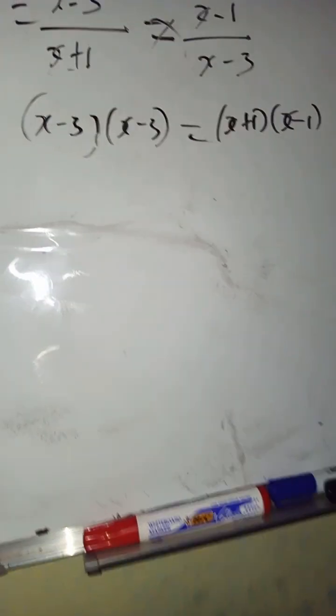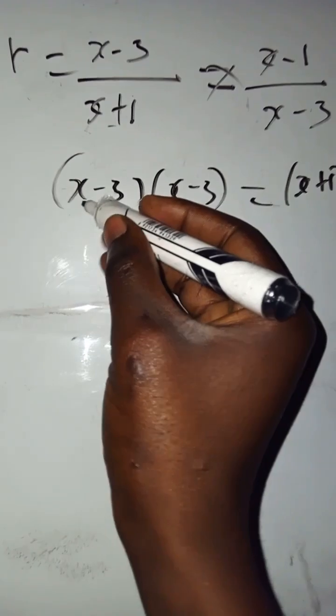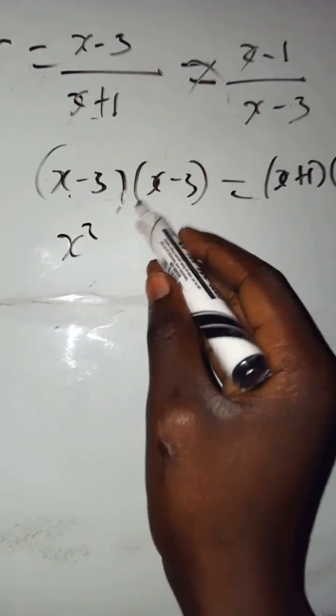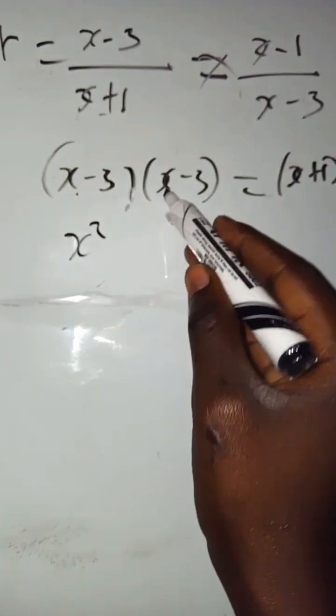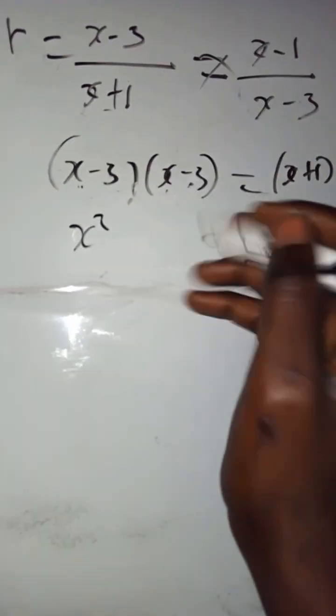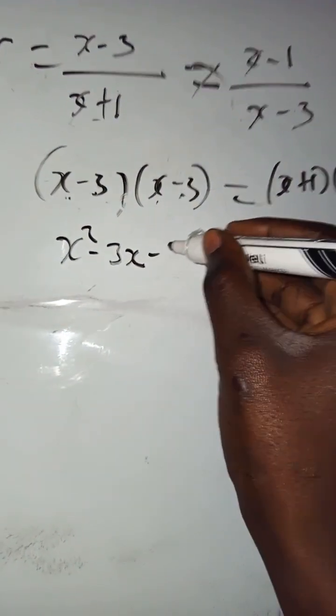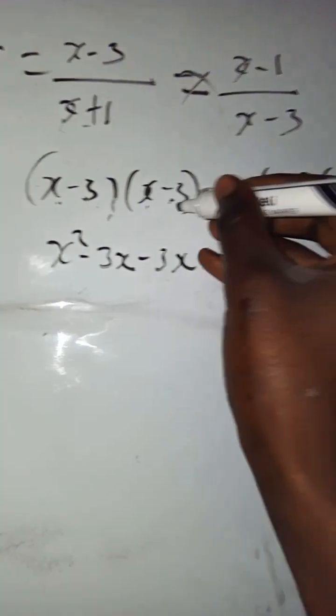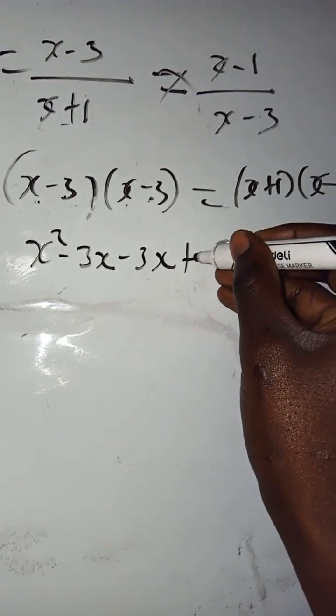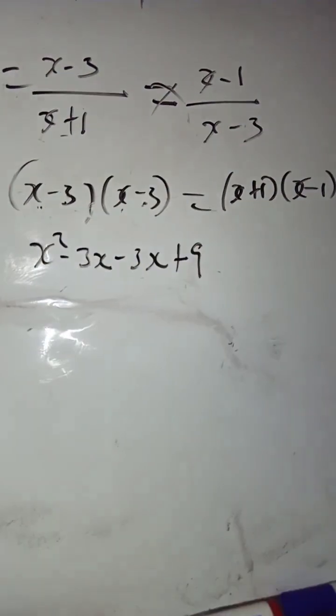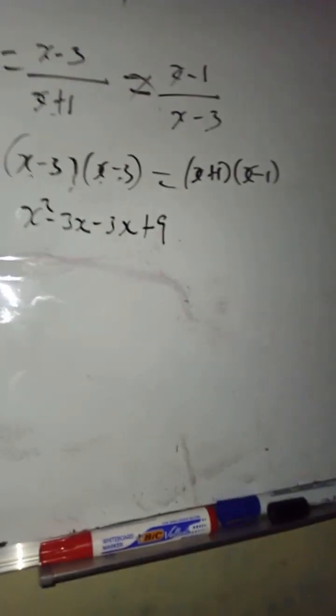So this will give us what? x times x, which is x squared. Whatever I have here must multiply with everything here. So x times x is x squared, then x times negative 3 is negative 3x. Negative 3 times x is negative 3x. Negative 3 times negative 3 is positive 9. Negative times negative gives us a positive.